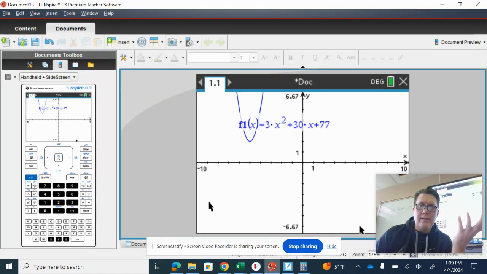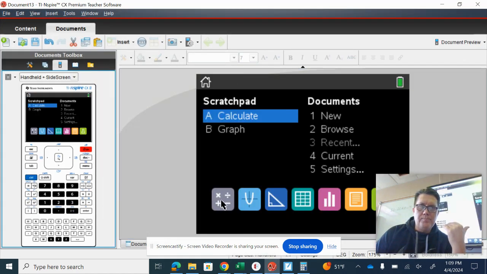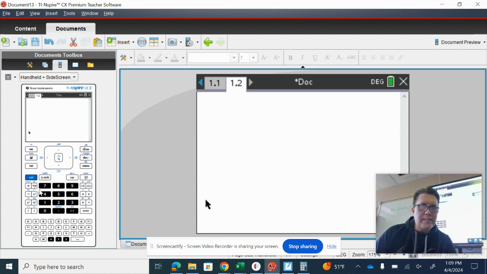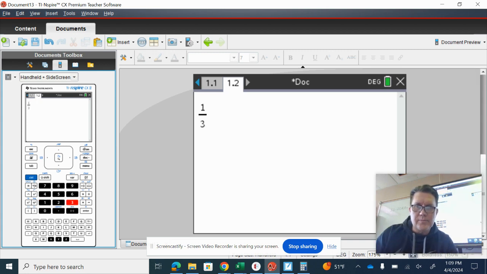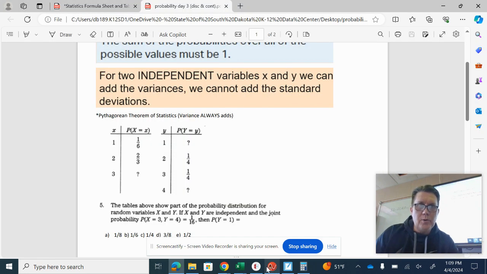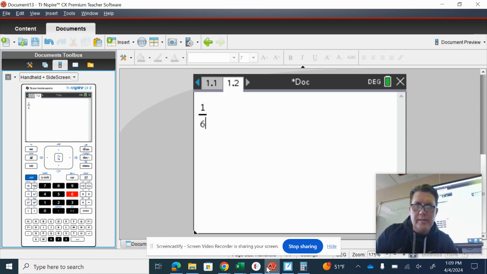Well, for a discrete random variable, the sum always has to total 1. So the first one is 1/6, and the second one is 2/3.